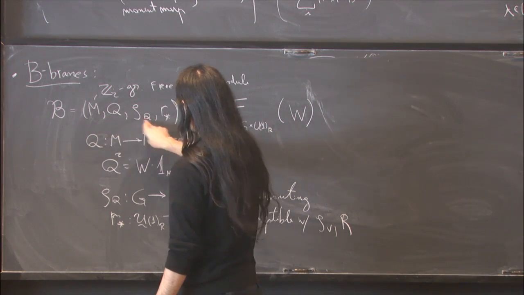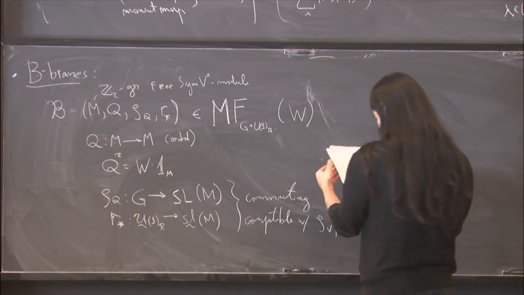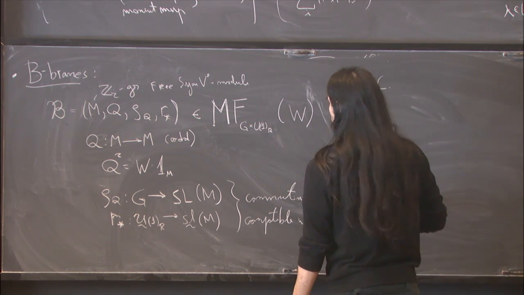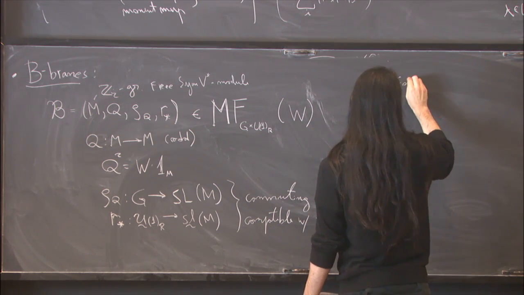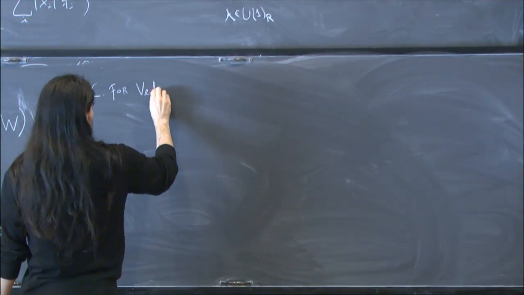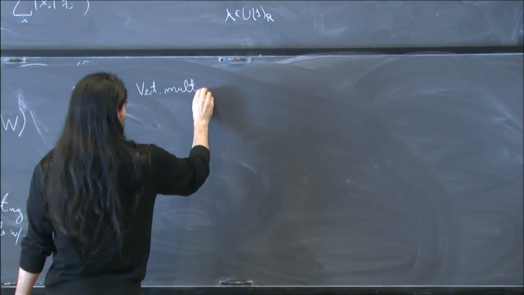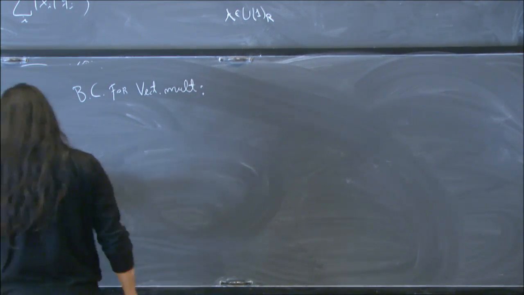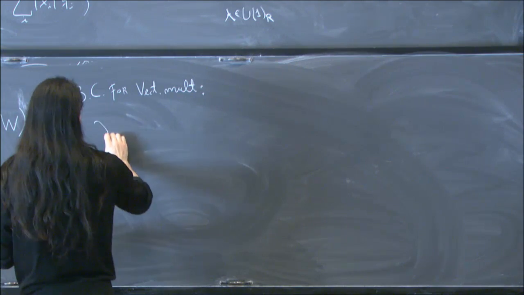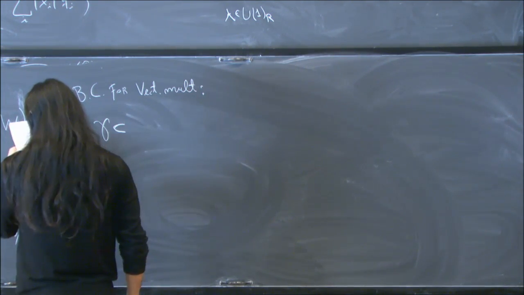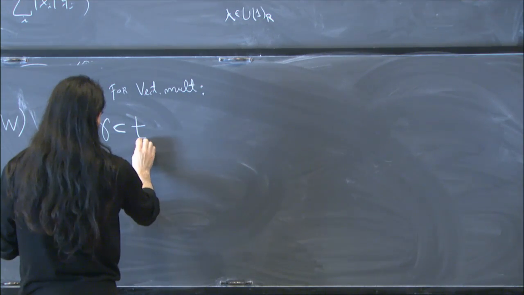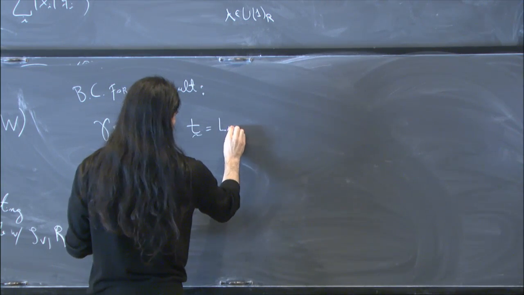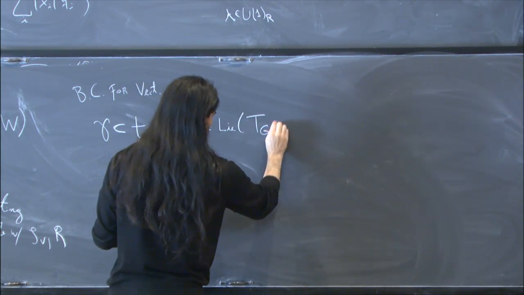So some of them are encoded here, but gauge linear sigma models have some other fields called vector multiplets, which I don't need to define, but boundary conditions for the vector multiplet translate into another set of data: not only this B, but you also have to take some middle dimensional Lagrangian inside this t tilde C, where t tilde is just the Lie algebra of the maximal torus of G.